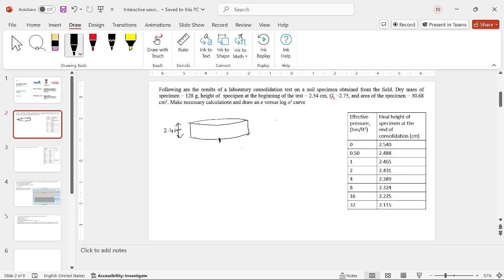One second, let me get my calculator. Okay, 30.68 divided by pi. Square root. That is 3.1 centimeter radius. So the diameter is 6.25 centimeter.